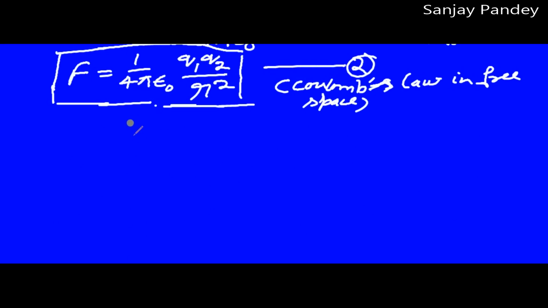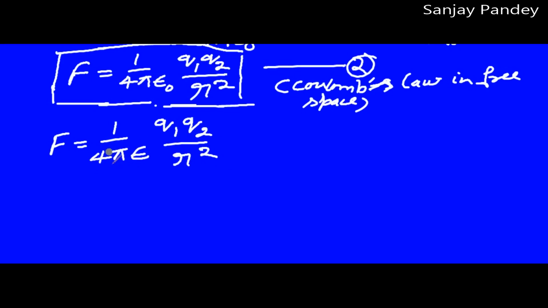If the charges are placed in any other medium having electric permittivity epsilon, then this law is given by F is equal to 1 upon 4 pi epsilon q1 q2 upon r square, where we replace epsilon naught by epsilon.